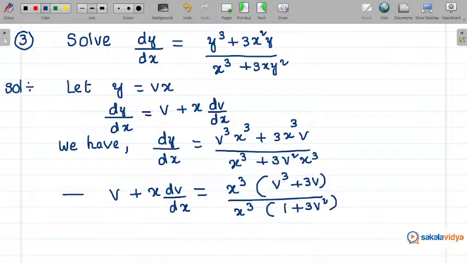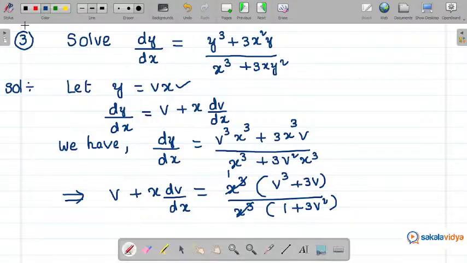This is also a very important step. dy by dx means v plus x dv by dx, and in the place of y, vx has been substituted and simplified. So, x cube will get cancelled. So, we have v cube plus 3v divided by 1 plus 3v square. Now, transpose v to this side.